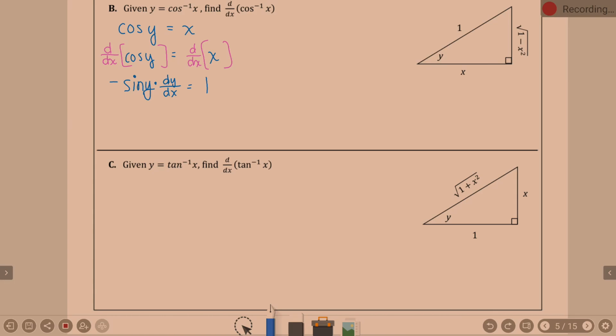Now, if I solve this for dy dx, dy dx is going to be equal to what? Okay. And I wrote mine as the negative of 1 over sine y. Doesn't really matter where the negative is as long as it's there somewhere.